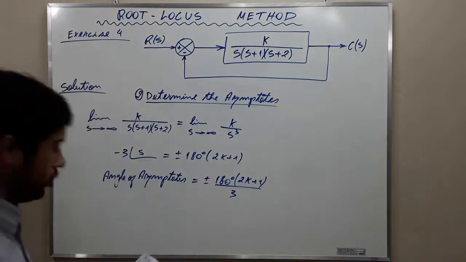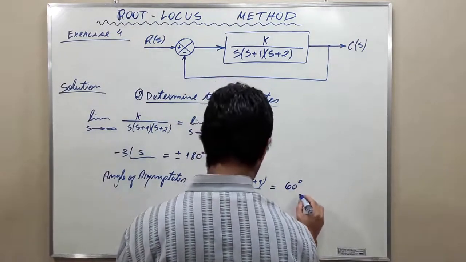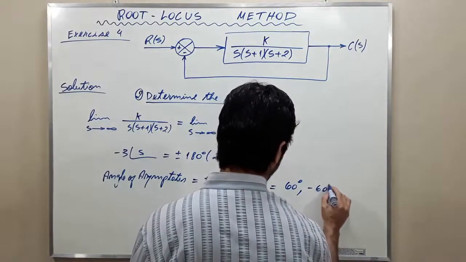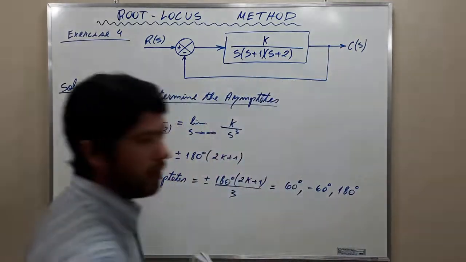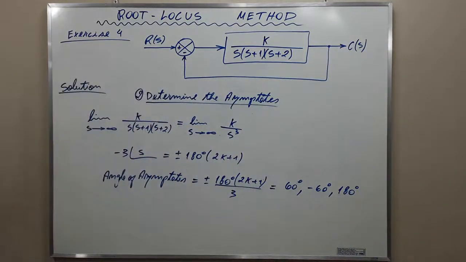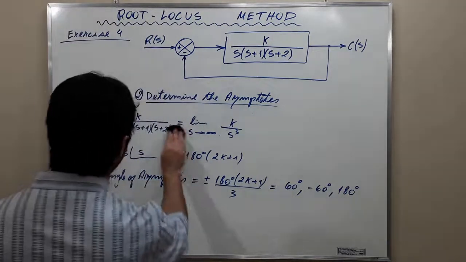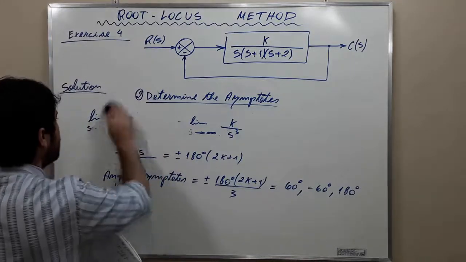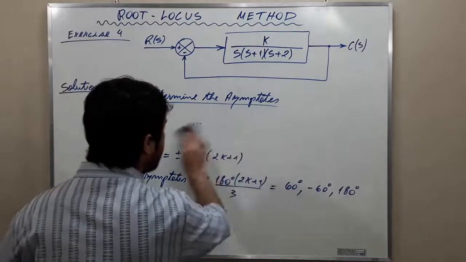And we choose 60 degrees, -60 degrees, and 180 degrees. These are the angles that we choose. Okay? To draw the asymptotes, now let's see how we draw the asymptotes.